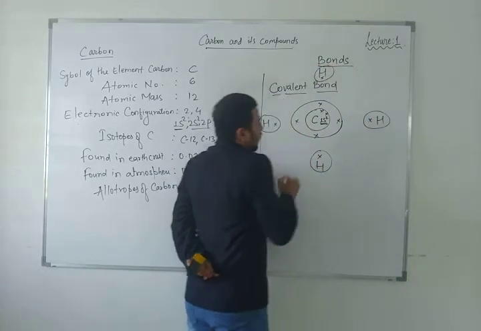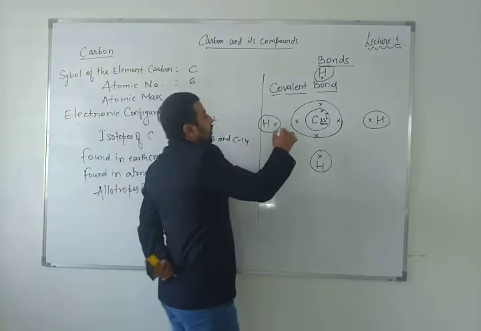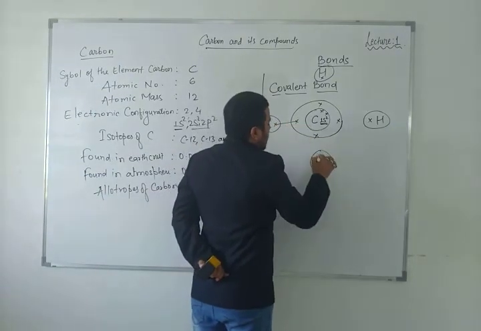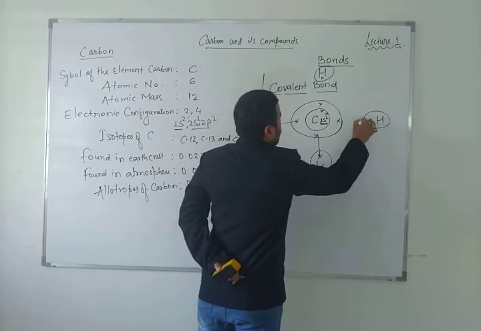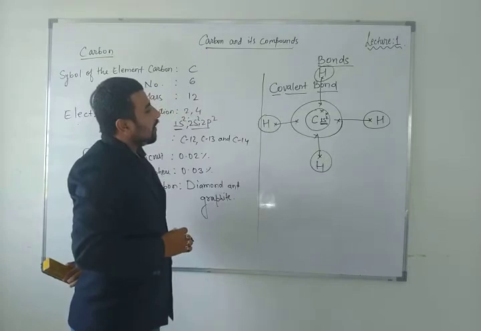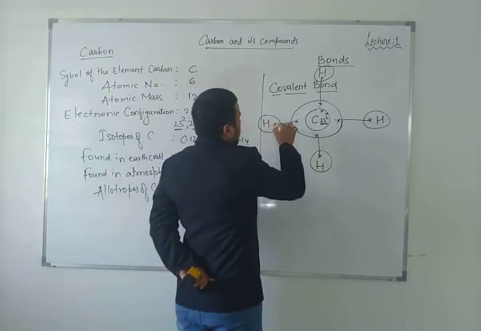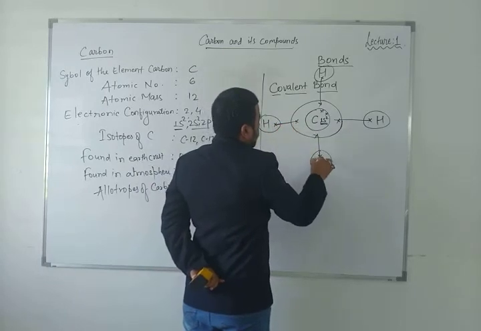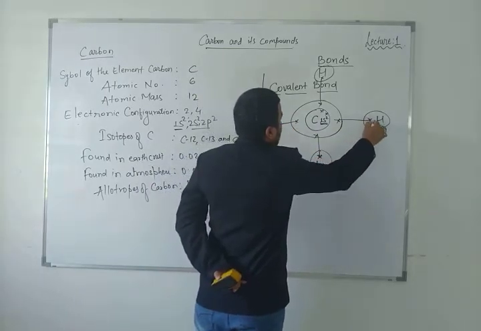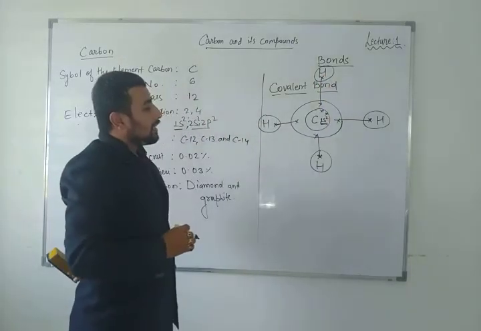Now, this carbon has a tendency to accept 1 electron from each hydrogen. Total you can see carbon has taken 1 electron from this hydrogen, from this hydrogen and from this hydrogen. So a total of 4 valence electrons it has taken.